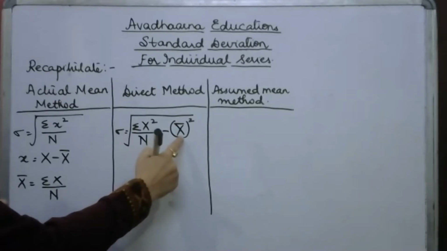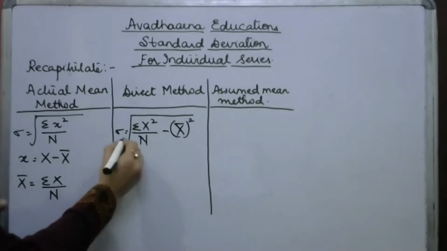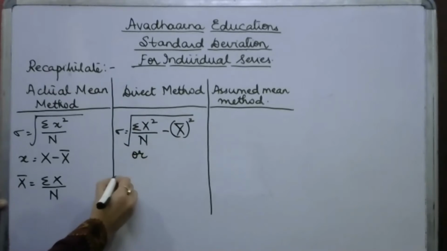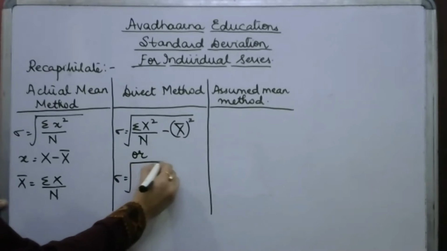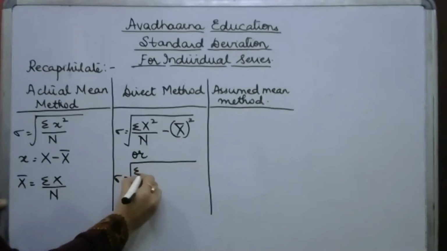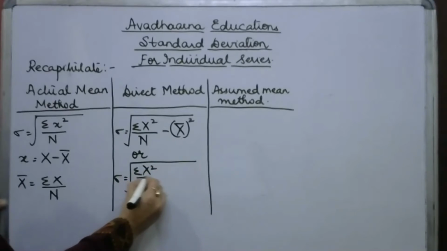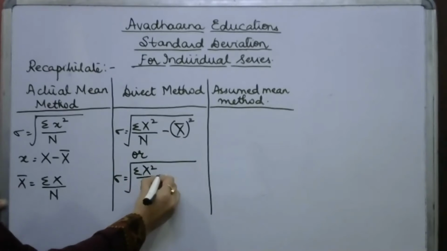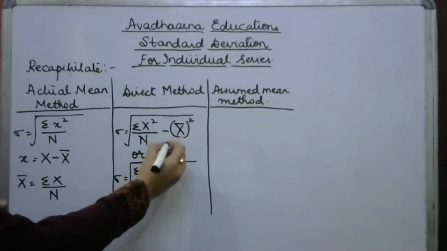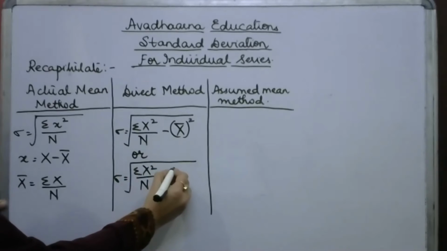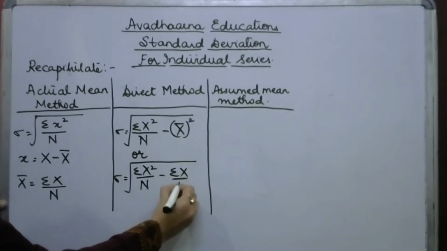Or if we expand this mean square, this formula can also be written as standard deviation is equal to under root of summation x square over n minus the whole square of summation x over n.